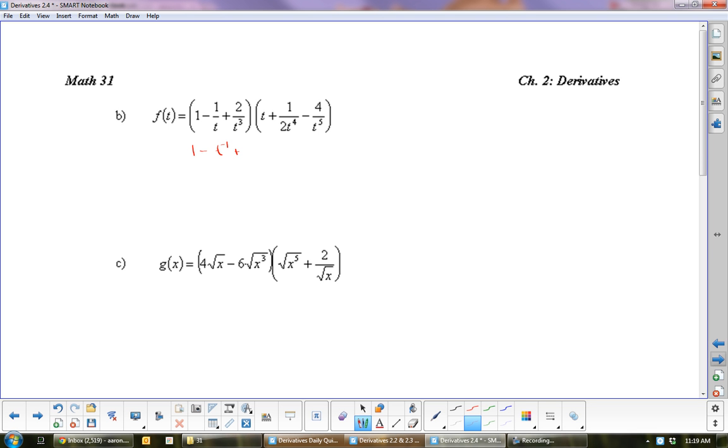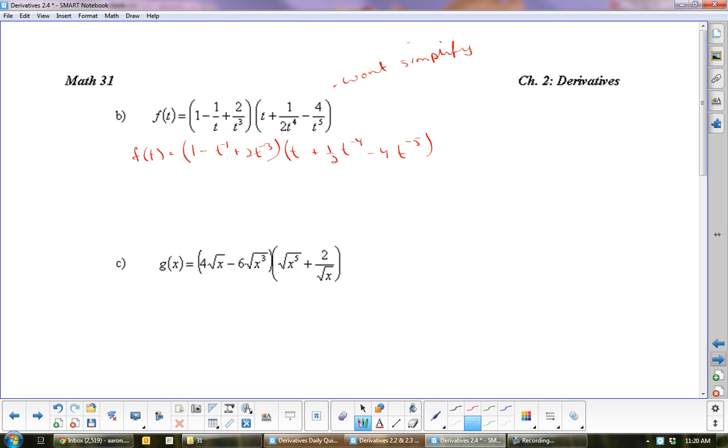Plus 2t to the negative 3. So this is still the function. And then t plus 1/2 t to the negative 4 minus 4t to the negative 5. Okay, so for this, we won't simplify.